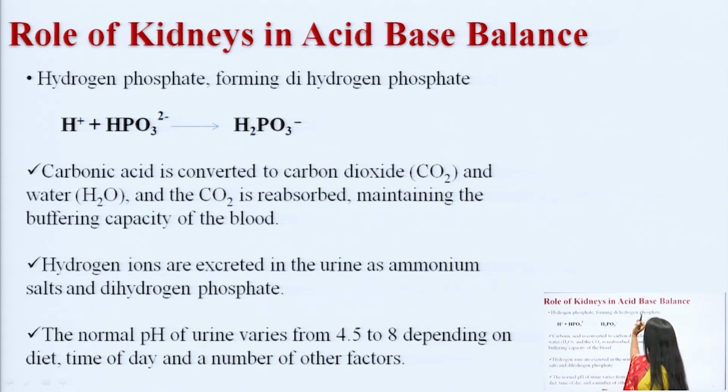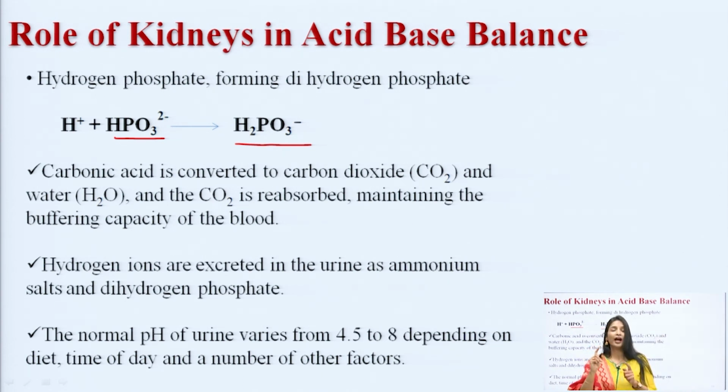Here, this is hydrogen phosphate, and it will be converted into dihydrogen phosphate. When the hydrogen phosphate combines with a proton and is converted into dihydrogen phosphate, it can be easily eliminated from the body. So what is the normal pH of urine? It is approximately 4.5 to 8, and it depends upon the diet you have taken and the time of the day.